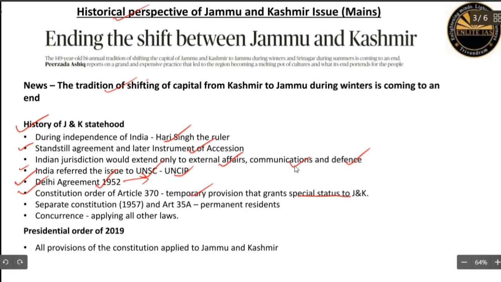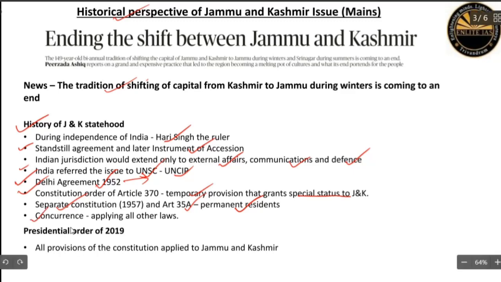The special status to Jammu and Kashmir ensured that the state had a separate constitution and various special provisions. One of them provides that the state assembly can define permanent residents of the state, whereby land can be owned in the state only by permanent residents.